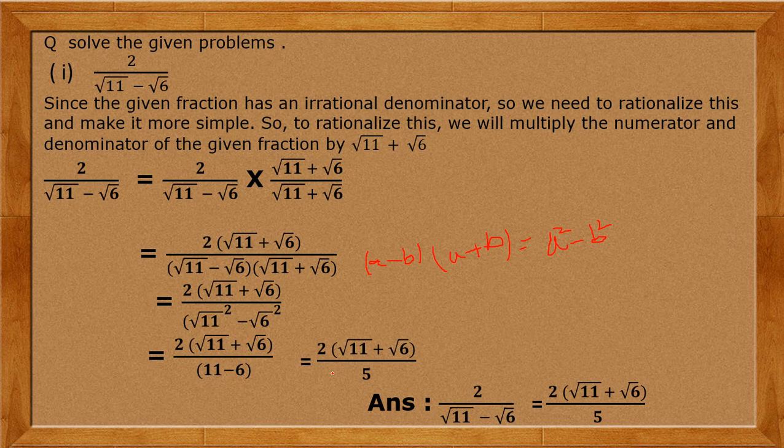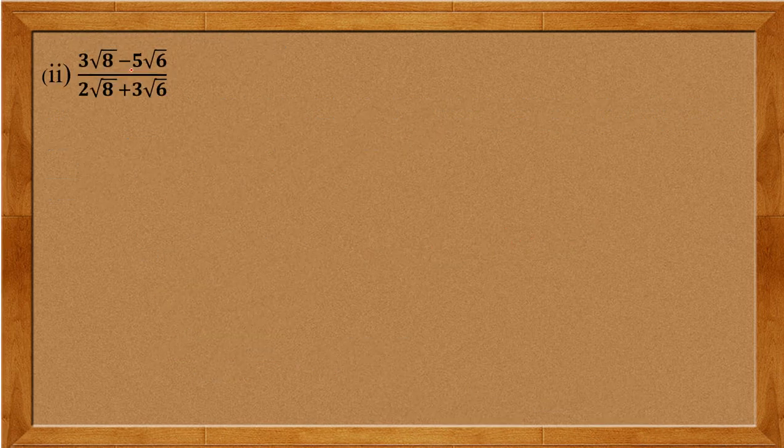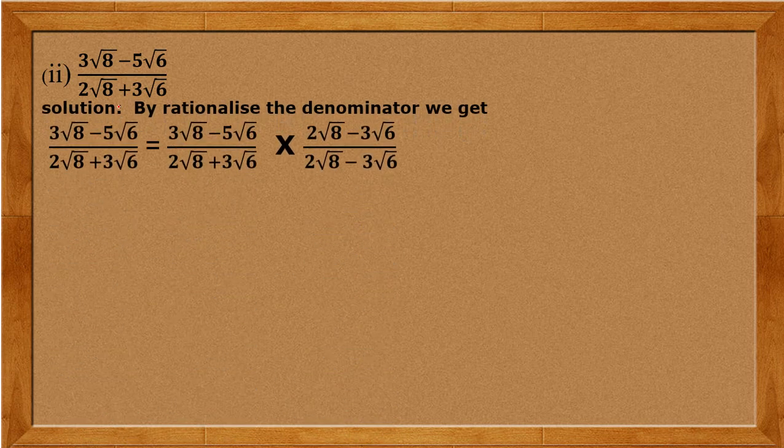It will be a little bit difficult, as numerator and denominator both have irrational numbers. For solving these types, again we have to multiply and divide the fraction by the denominator with opposite sign, multiplied by 2 root 8 minus 3 root 6, as here this sign is positive, so this sign will be negative.